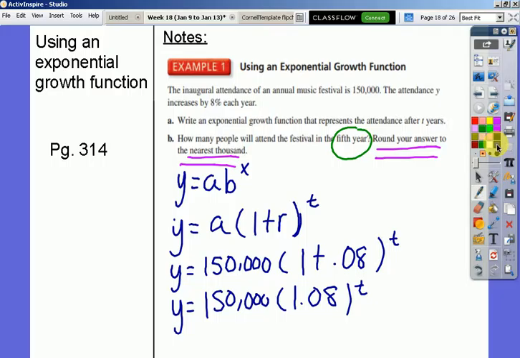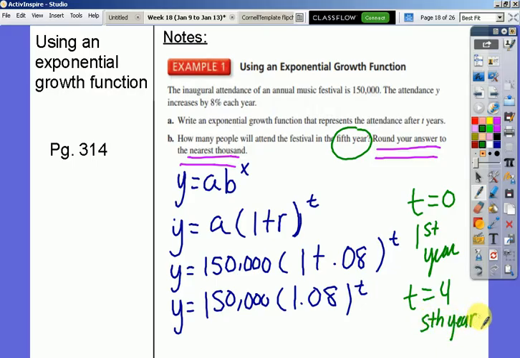Well, I know anything to the 0th power is 1. So that means that t equaling 0 is the first year. If 0 is the first year, then t equaling 4 must be the 5th. Does that make sense before I actually complete the calculation?